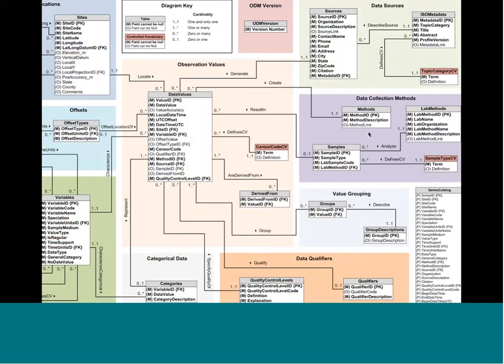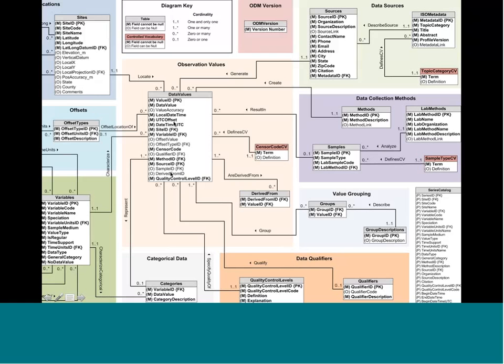I just zoomed into the core of this data model, and I don't want to get too close to the details, but I'll point out a couple of things. There's this sites entity and the data values entity, and there's a relationship between the two. There are mandatory bits of information for a site and then optional bits of information for a site, indicated by the letters and whether it's bold or not.